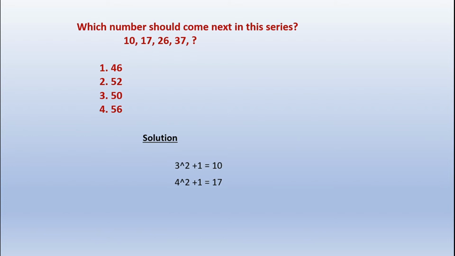Likewise, 26 we get by 5 to the power 2 plus 1. Then 6 to the power 2 plus 1 will give 37. Such that the next value should be 7 to the power 2 plus 1 equal to 50. So the answer should be 50.